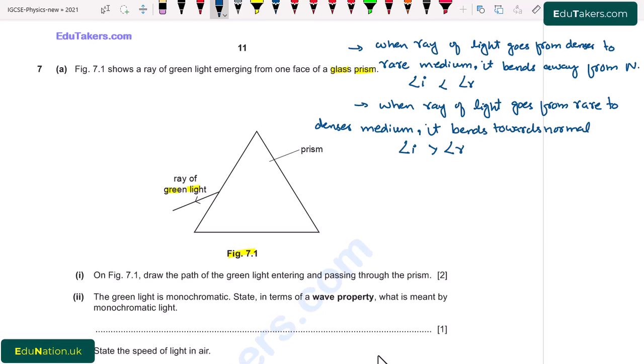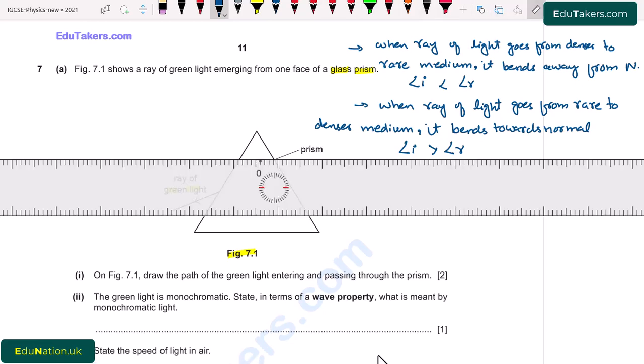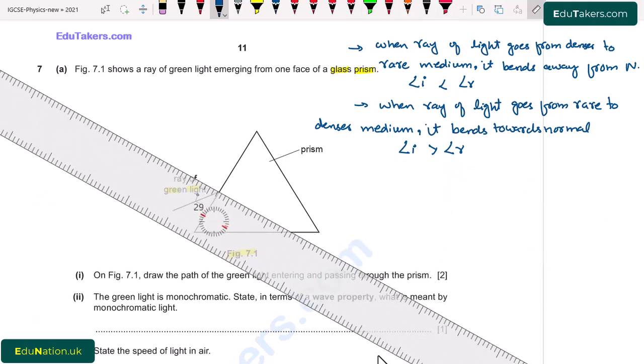First of all, I draw the ray that is passing through the prism, and after that I draw the incident ray. To draw the ray that is passing through the prism, first of all I have to draw the normal on this prism surface. So I draw the normal on this surface.